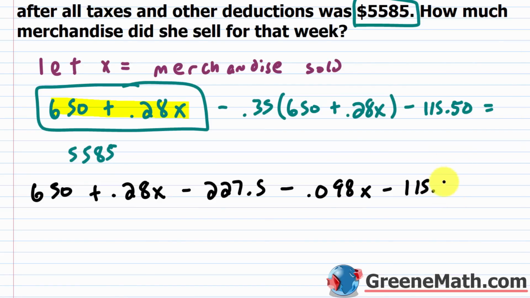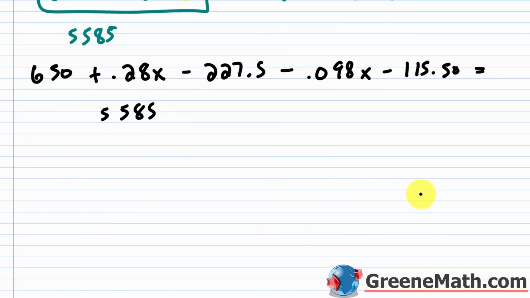And this equals 5,585. Okay, let's combine like terms. So first off, you have 650 minus 227.5, which would be 422.5, and then minus 115.5, which gives me 307. Then I have 0.28x minus 0.098x, which is going to give me plus 0.182x.